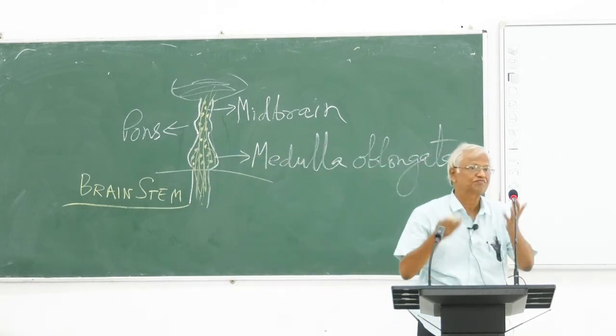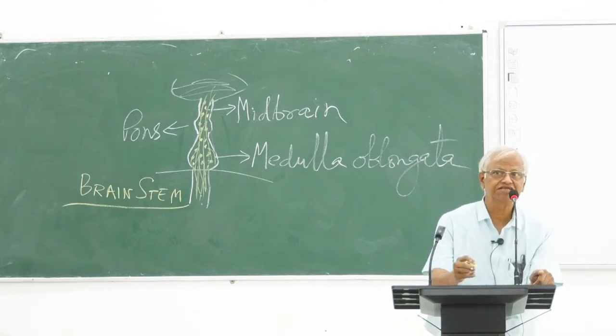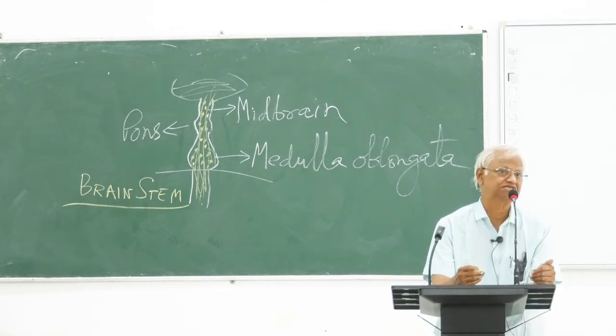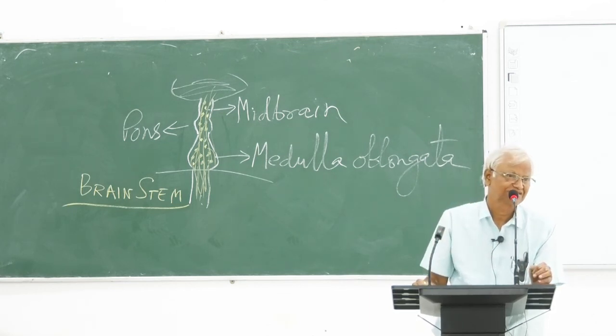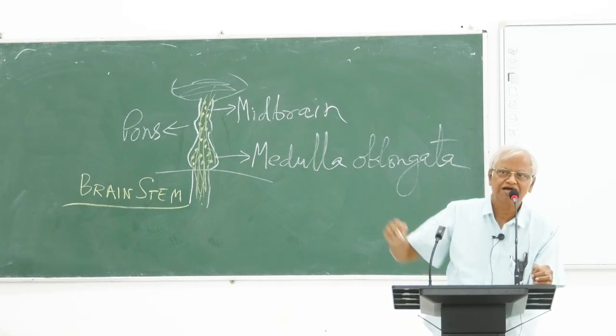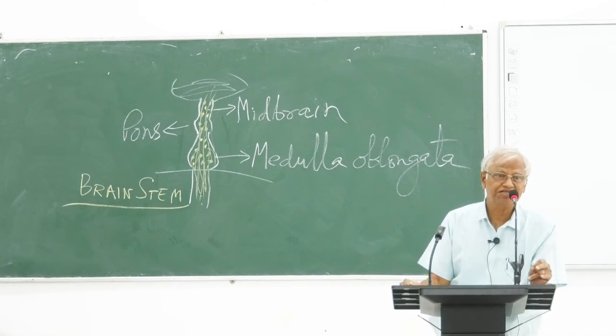Those that go up constitute what is called the reticular activating system. The nerve fibers which go up form the reticular activating system, and nerve fibers which come down form the descending reticular pathway.